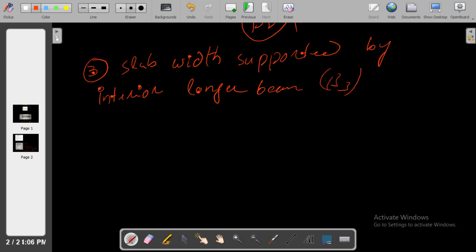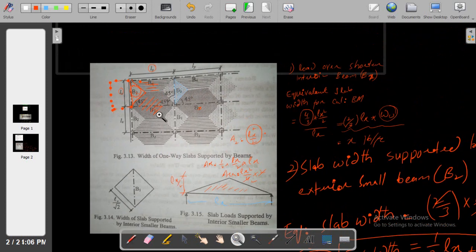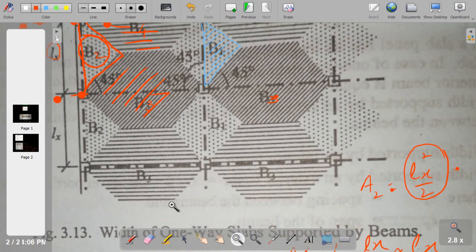Now here, if you observe this figure, this figure is important. Let's say we consider this case. Let me make this a little bit prominent to understand it completely.